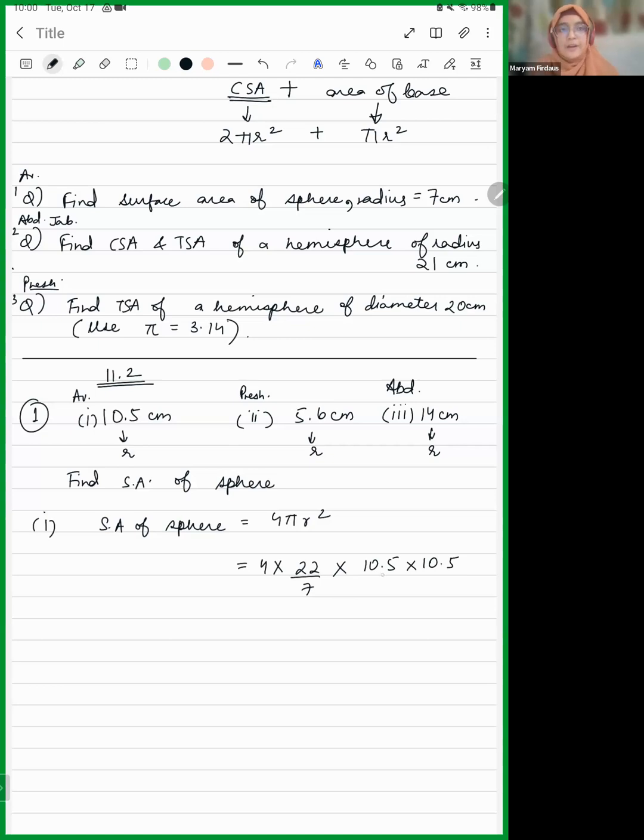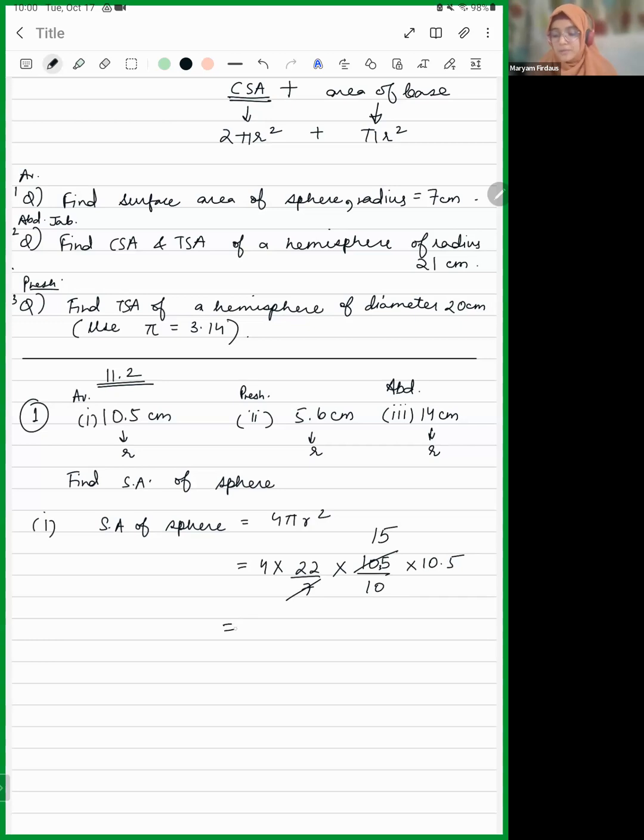Now 10.5, Avni, can be written as 105 by 10. So this one, I'm going to leave it as it is. Now this 7 will get cancelled with this 105. How? 7 ones are 7, 3 is remainder, and 7 fives are 35.